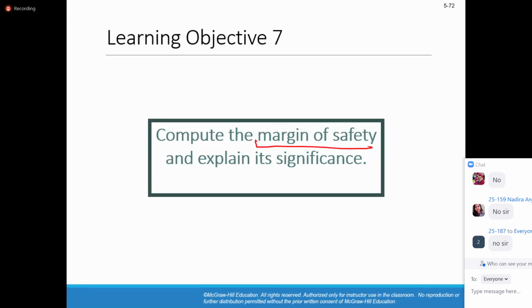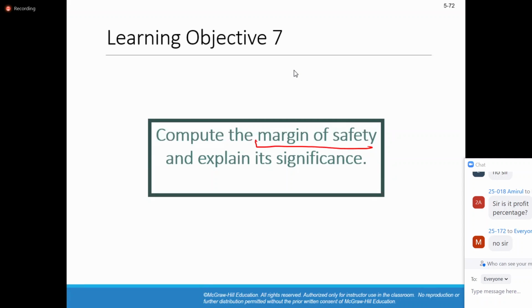Let me wait for some of the responses so that I can understand that there is no one who has heard about the margin of safety in his or her previous courses. I see responses are coming. Sir, is it profit percentage? The answer is no.